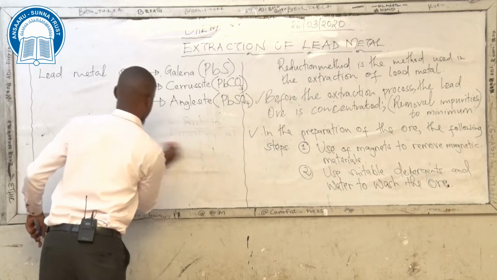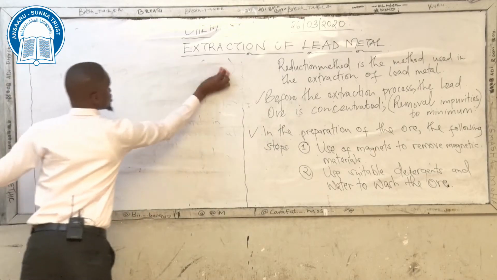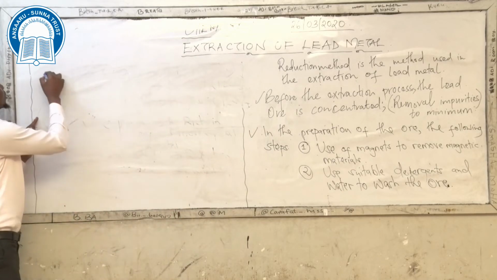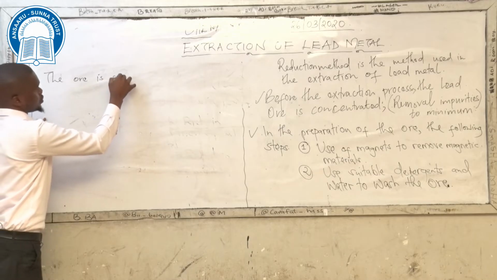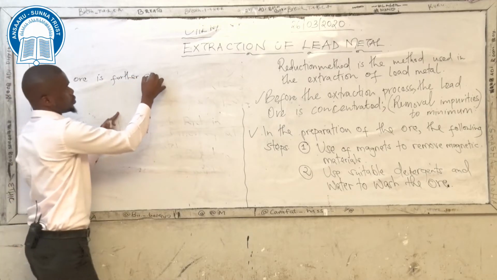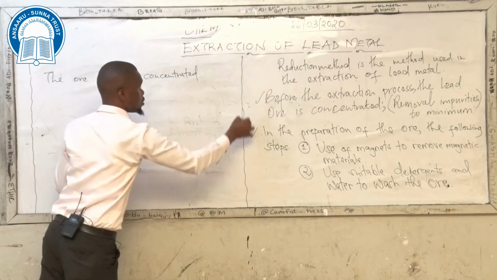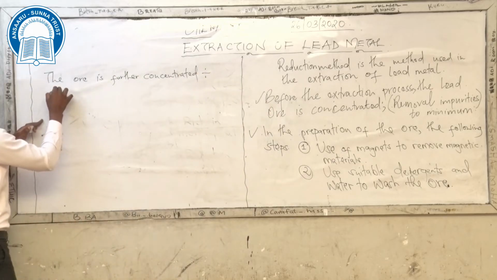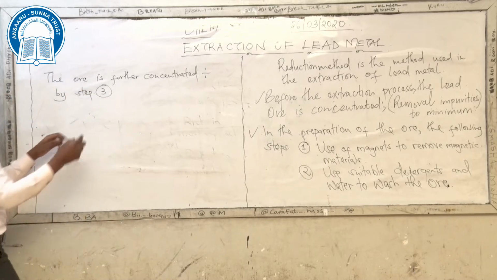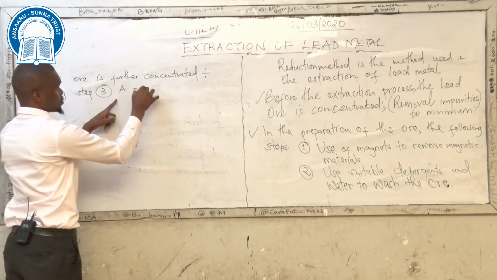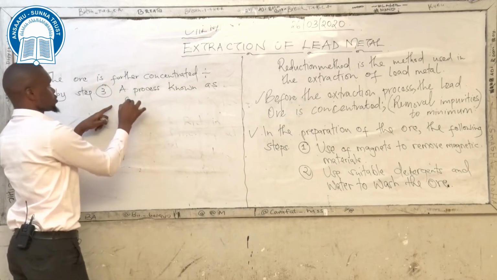After which the ore is further concentrated by, that is step 3, a process known as froth flotation.